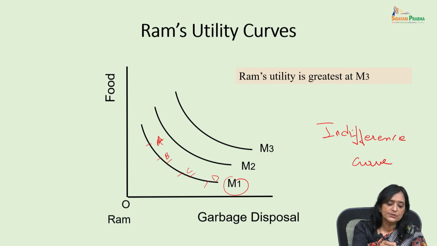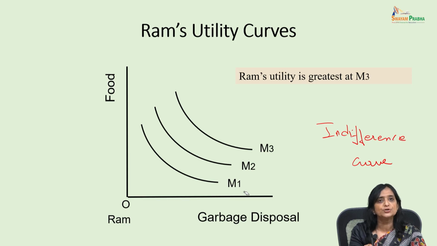So if a consumer is lying on the same indifference curve, the level of utility he or she derives remains the same. So if Ram is on M1, whether he uses more food and less garbage disposal, or more garbage disposal and less food, his utility will remain the same.